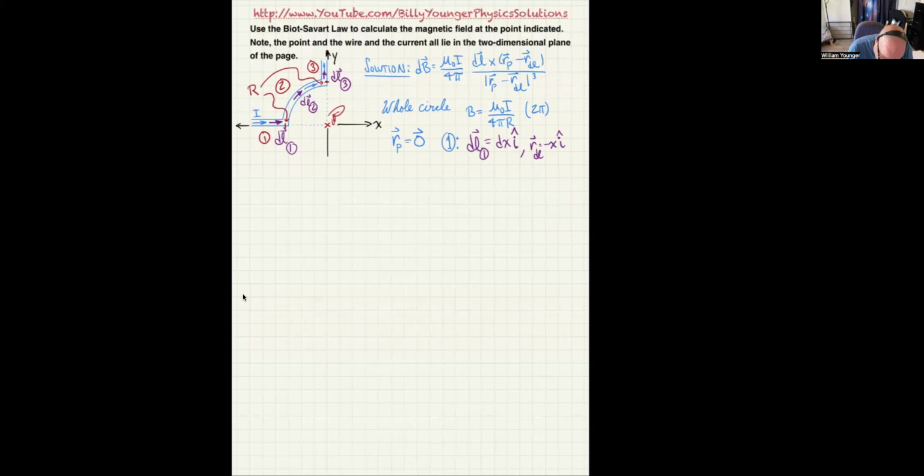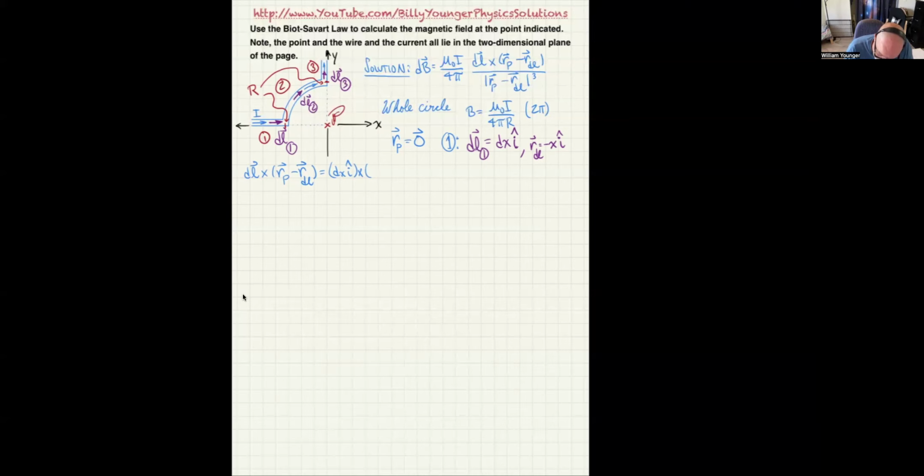So again, continuing for part 1, I have DL cross RP minus RDL. I need to compute that. So I'm going to say dx i hat cross, now RP we said was 0, and RDL we said was minus x i hat.